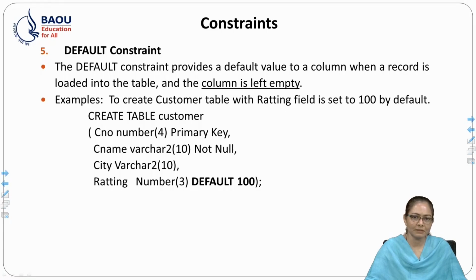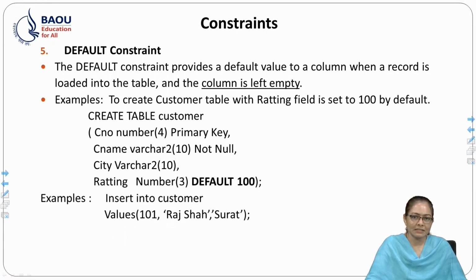For example, we insert a record in the customer table. See, in the example, we write the command like insert into customer, then values in the bracket 101, comma, single quotation Raj Shah, it will store in the name column, and then single quotation Surat, it will store in the city column.